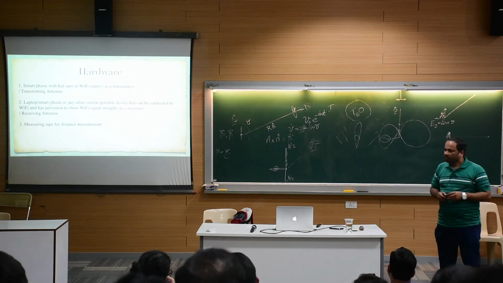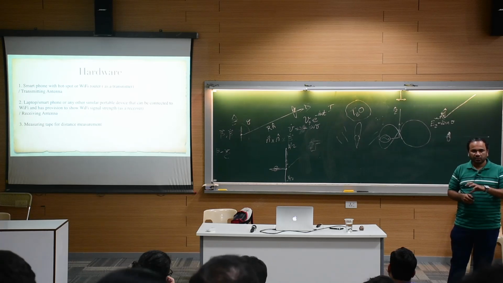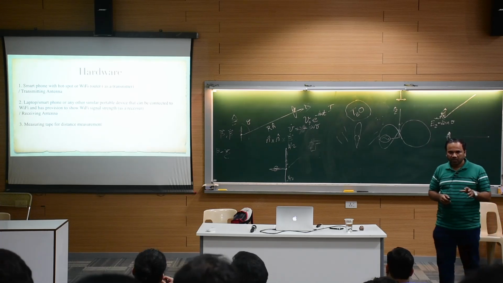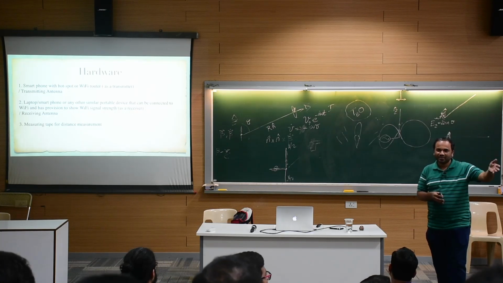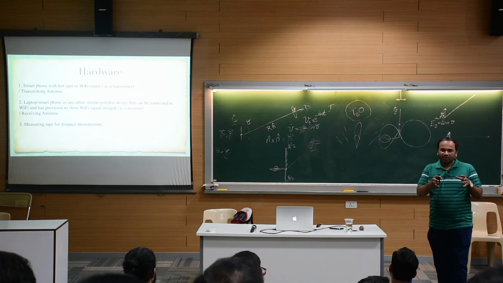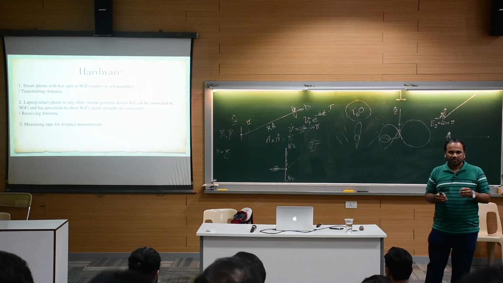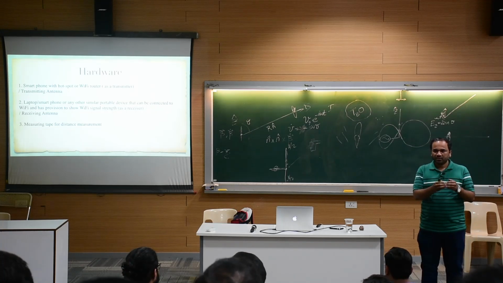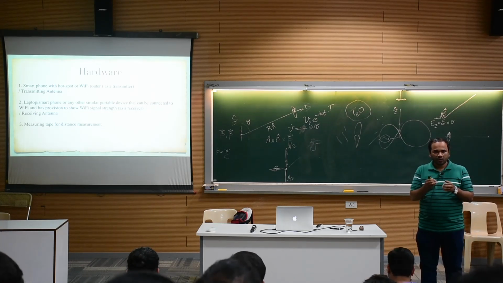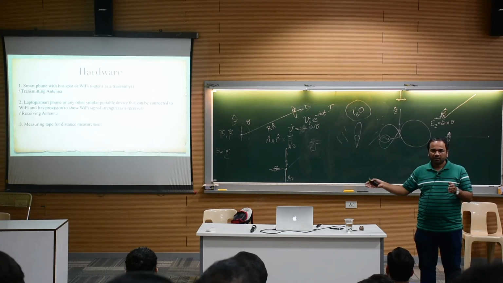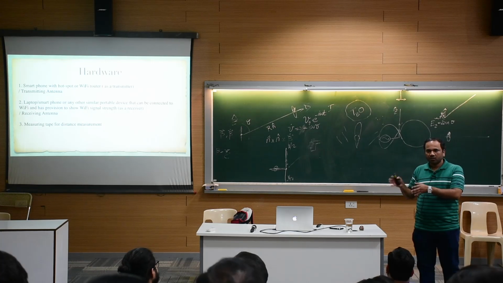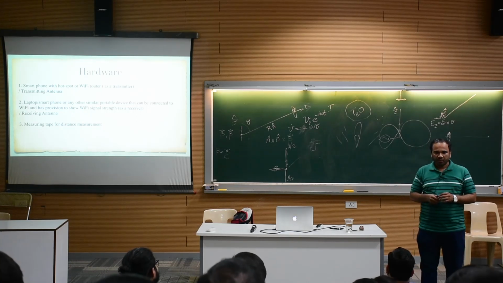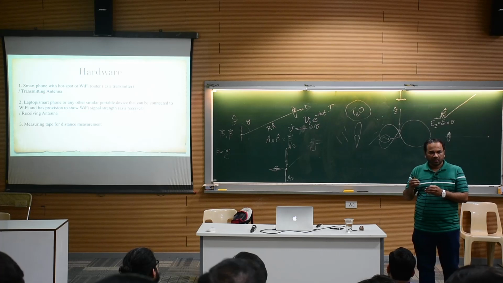This experiment was designed during COVID. Akash knows it better because he was in the previous winter school. Using cell phones and a laptop, you can do this experiment. The cell phone acted as the transmitter by creating a hotspot, and at the other end, you can take another cell phone, a smartphone, or a laptop, where you can measure the power.